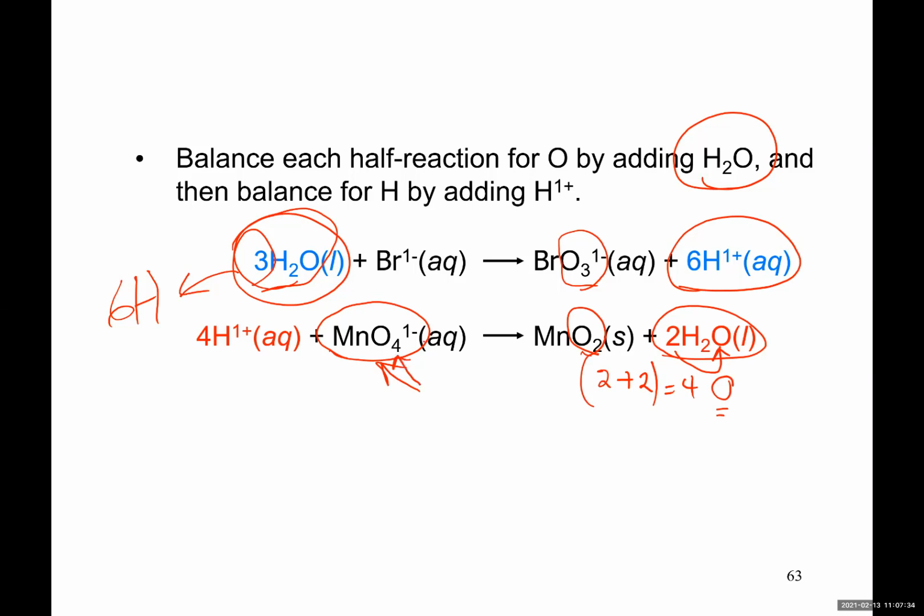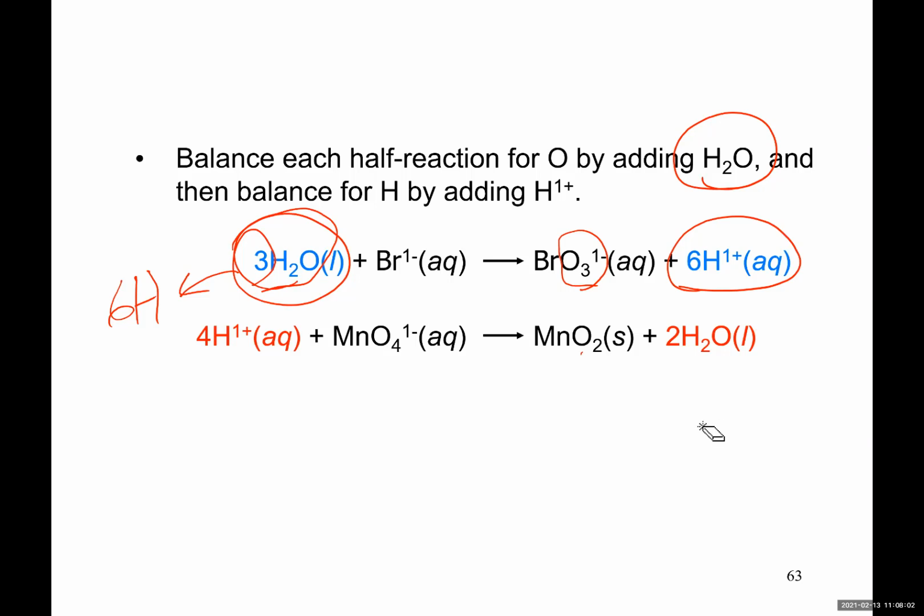So now I have balance of oxygens, except I disturb balance of hydrogens by adding 2 moles of water. I am adding 4 hydrogens here. In order to balance number of hydrogens, add 4H plus. Now I have equal number of hydrogens, equal number of oxygens, and equal number of manganese.